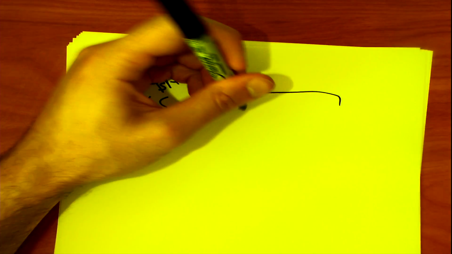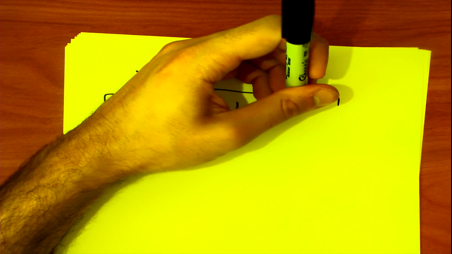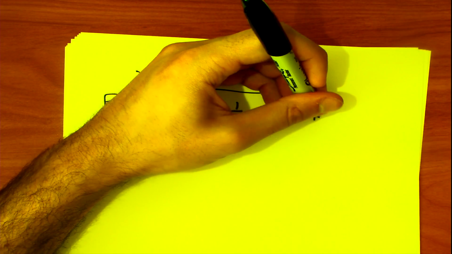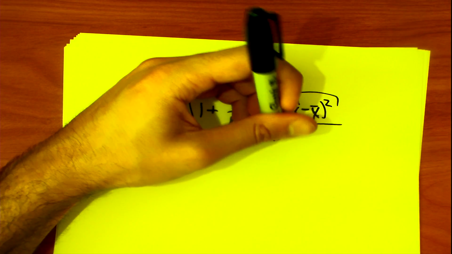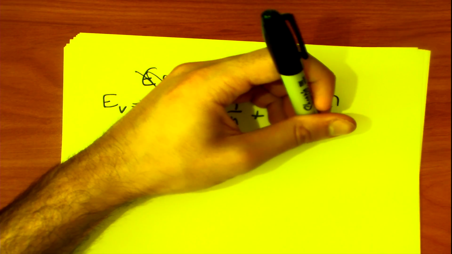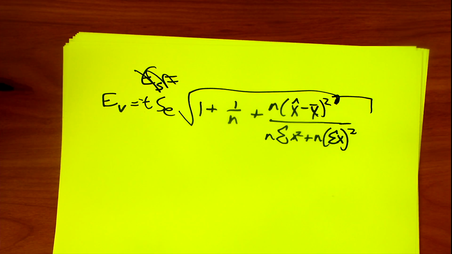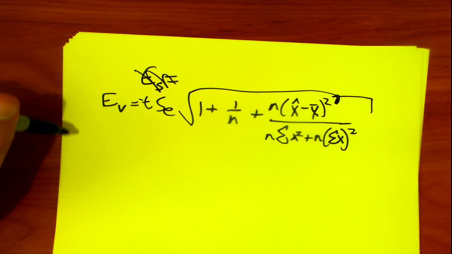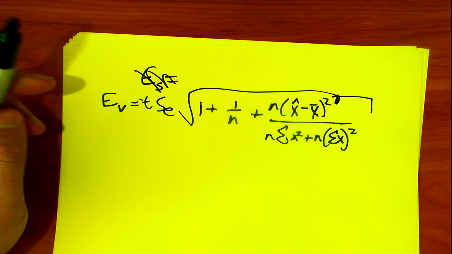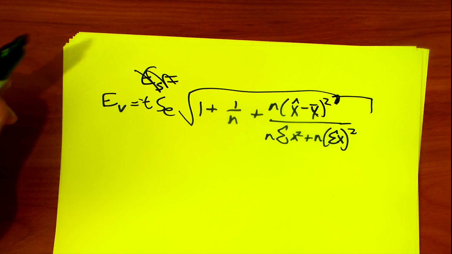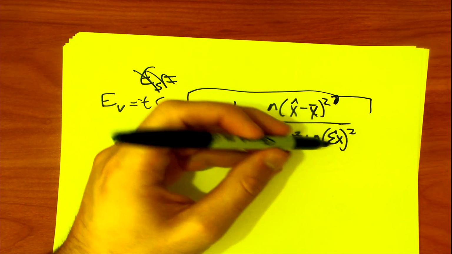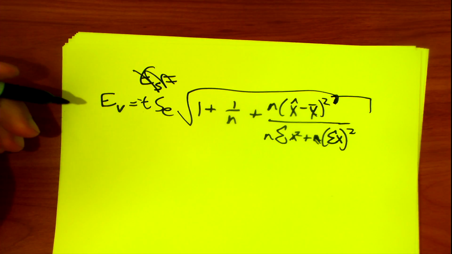I remember the formula for EV: it's something like the square root of 1 plus 1 over n plus n times (x hat minus x bar) squared over n sum x squared minus (sum x) squared.